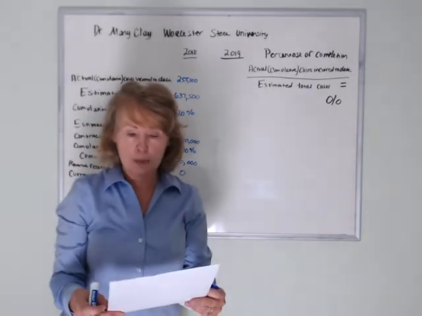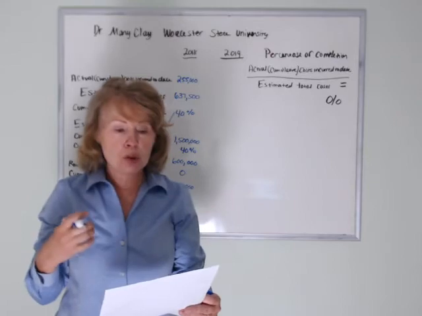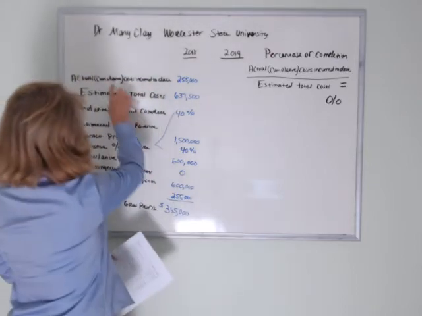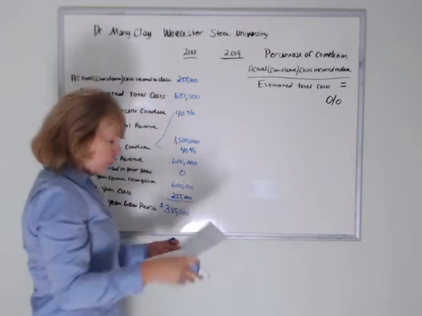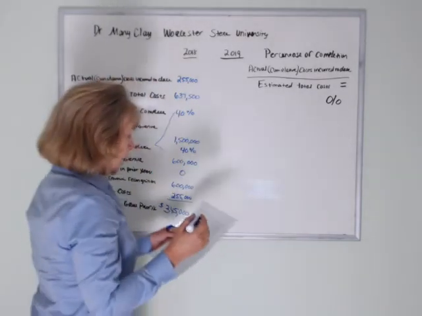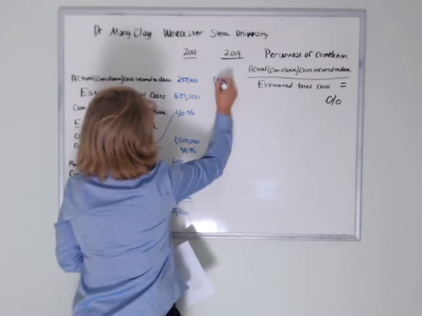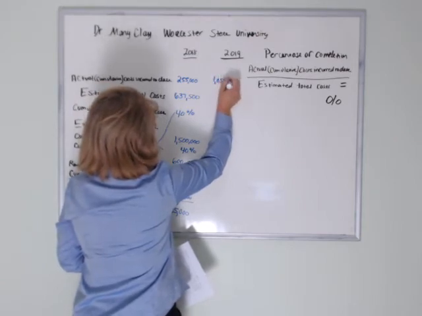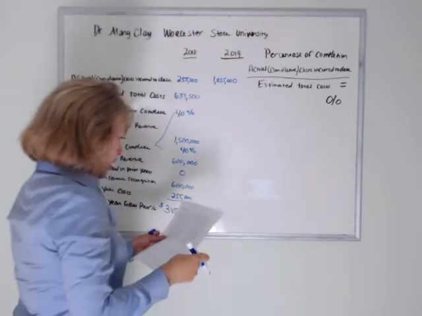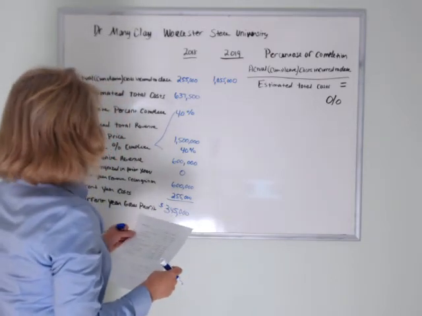Now we go to 2019. Again, we're just going to input our numbers. However, now this is our cumulative cost to date. We had 255, we added in 800. So now our cumulative costs are 1,055,000. Next, our estimated total costs, well, guess what?